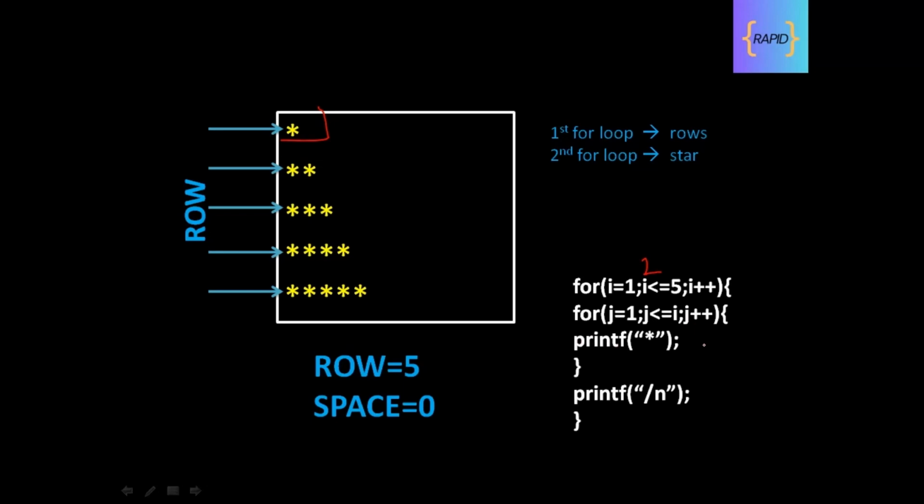Now this printf statement will be executed, and after executing this, j will be incremented by 1. Now j is 2 and i is also 2, so this condition is again true, so again it will print a star. After printing the star, it will increment j by 1, and now j is 3 and i is still 2, so this condition will be false.